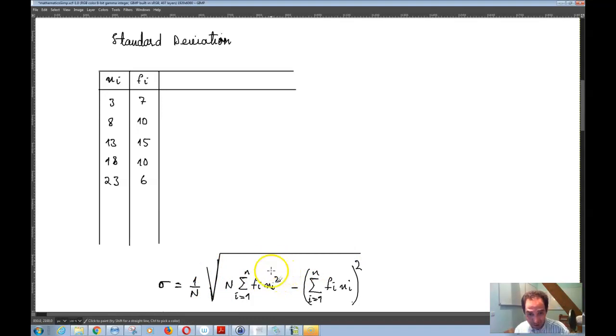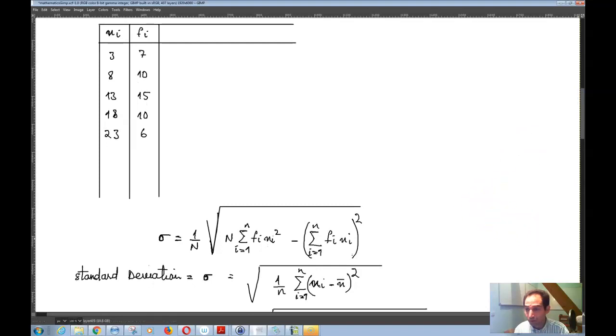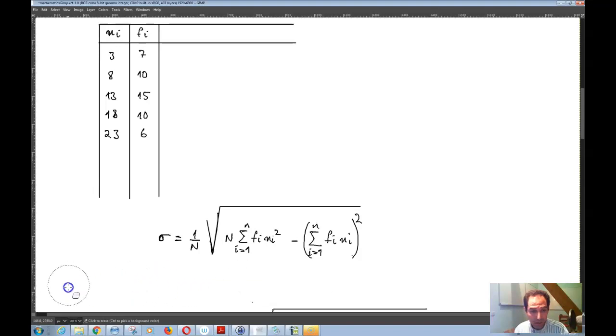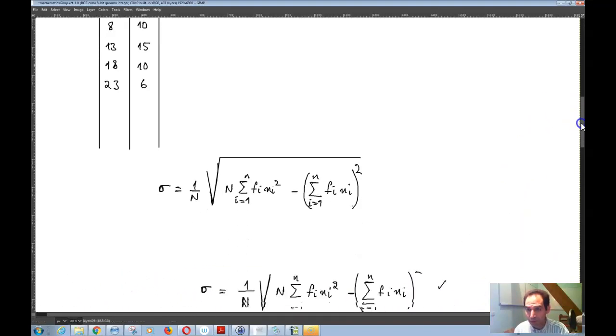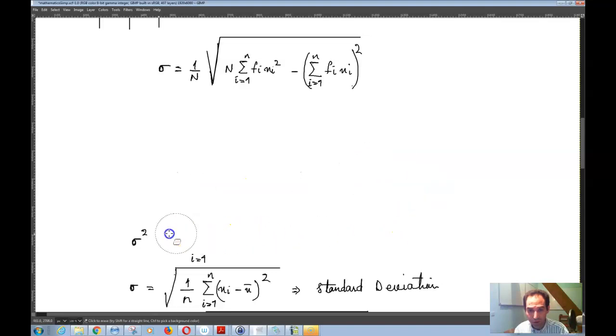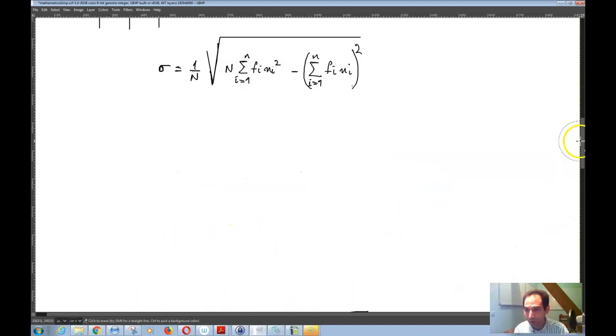So I need to calculate f of i x of i squared and f of i x of i, and then I can put everything in this formula and calculate the whole thing. Now that I think about it, what this formula does for you is that you don't really have to calculate x bar anymore, because x bar is already automatically calculated in this formula.